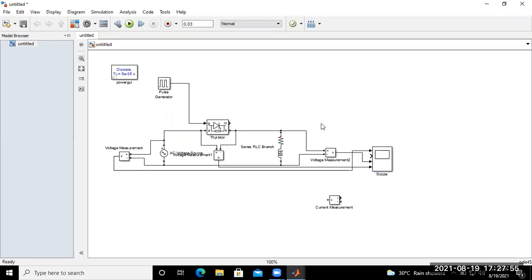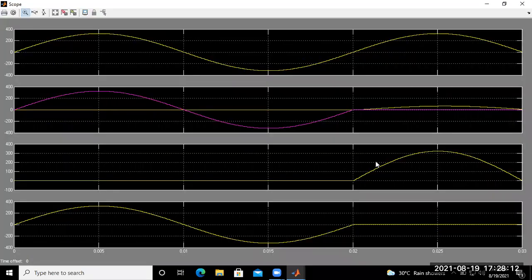SCR voltage, voltage across the SCR. Okay, so the SCR is connected through this one, the second one. I think the gate pulse is not connected in a proper manner.